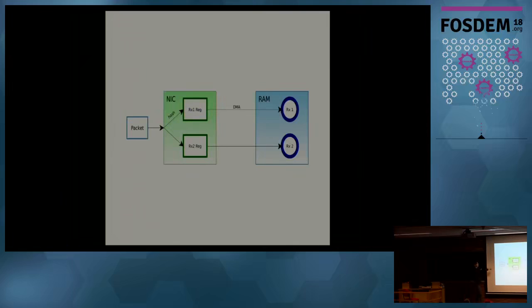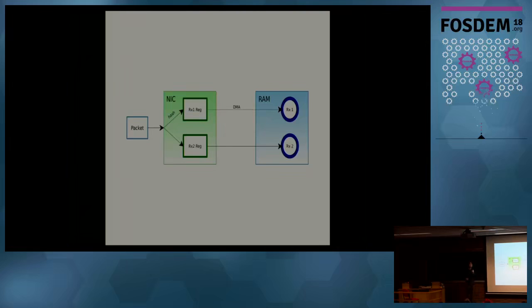You have a packet, and it enters the NIC, and the NIC will hash the packet based on its flow characteristics, and then send it to one of multiple queues that are on the NIC. And then it'll DMA that into the memory that the driver has allocated in RAM. And so basically the idea is that we can have separate instances of the Snabb driver app running on different cores. And that's how you can scale to multiple cores in Snabb in the current release.